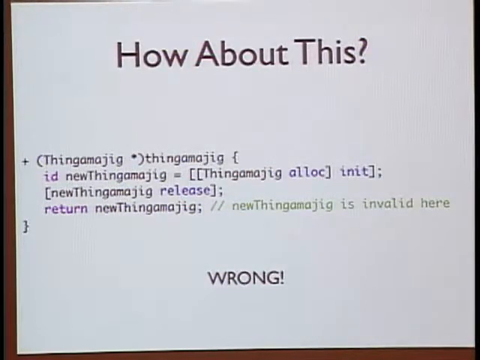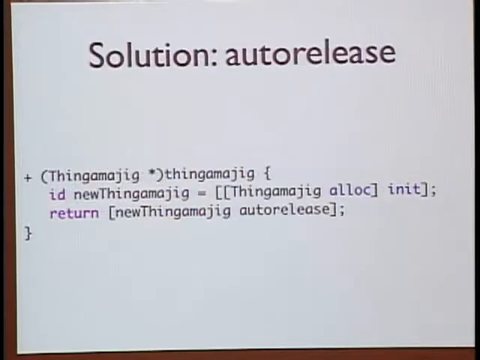So the magic solution to this is to use autorelease. Autorelease is basically a way of delaying the destruction of an object, so you would give your callers a chance to retain that object and hold on to it if they want to. So in this case, we're following the rules, right? I called the thingamajig message, and I have all the expectations in the world that that object will be released because there was no new, alloc or copy, and I don't have to take care of it.